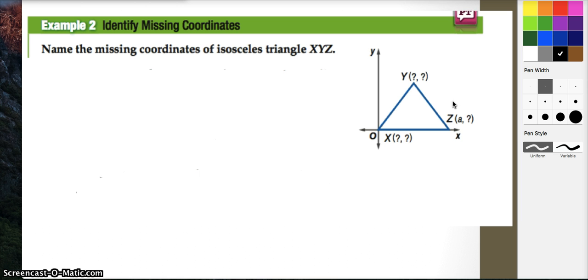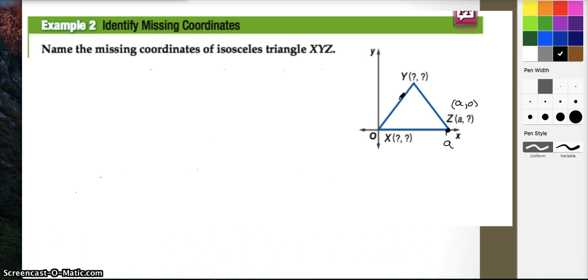We're given that this point here is A because Z is at A something. Well, if Z is at A something and we're on the x-axis, this ordered pair should be (A, 0), right? Because the Z point is on the x-axis, and we know things on the x-axis have a y-coordinate of 0. All right, so we got that one.